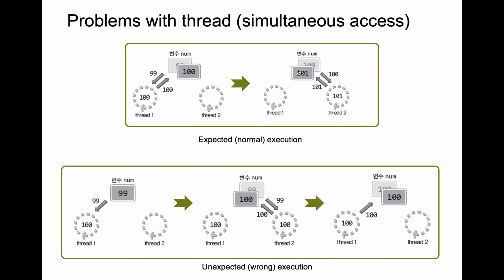But the problem with shared variables between threads is that when you try to update the value of a global variable at the same time by different threads, there are 2 operations in incrementing, which are reading and then storing.